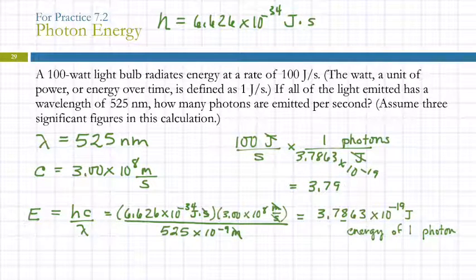I was trying to be cute on my calculator, not a good idea. 100 divided by, I multiplied, that was dumb. 3.7863 EE minus 19. So I was getting less than 1 photon per second.